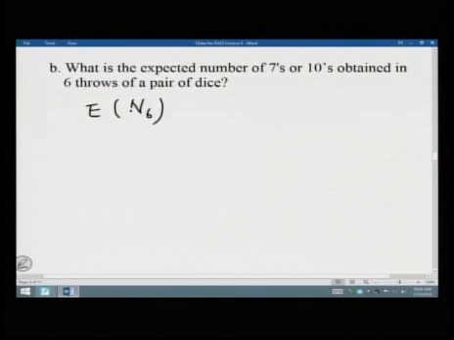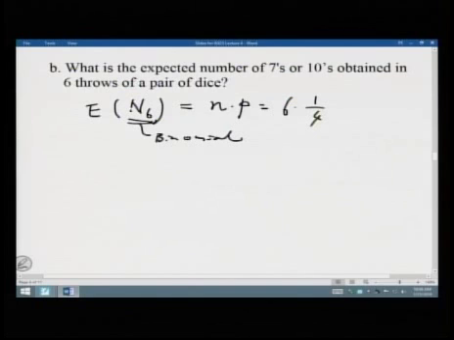That's what you want to know, the expected value of the random variable we just defined. Because N sub 6 follows a binomial distribution, the mean value is going to be n times p. What is n? n is 6. What is p? p was 1/4, 9 over 36. So what is this? 3 over 2, 1.5. That's the answer. Very simple question.